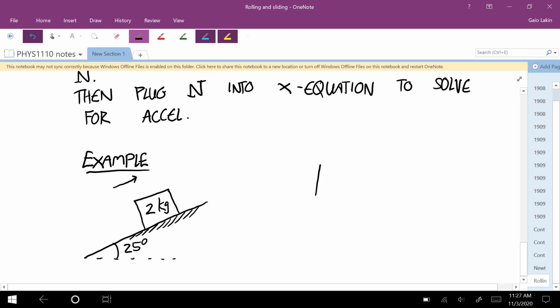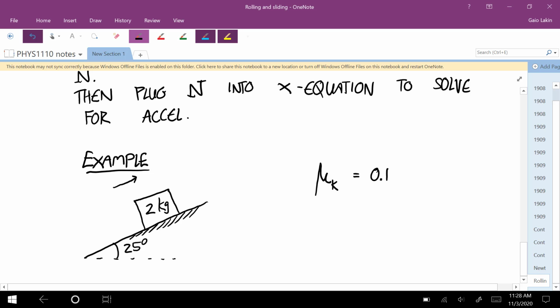We're going to say that the coefficient of kinetic friction between the surface and the box, sometimes I write it just as mu, sometimes I write it as mu sub k to make it clear this is kinetic friction, not static friction. We're going to say that's 0.1, so not a lot of friction between these surfaces.